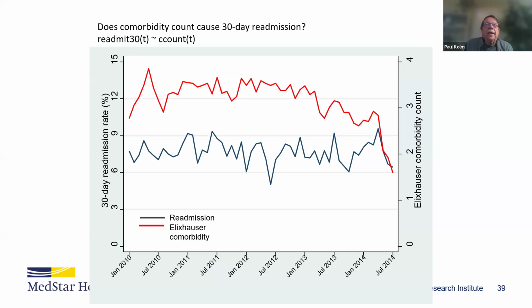And so we have another time series of comorbidity counts that you can see is plotted on the right side here in terms of those counts. And so what we're asking is, does comorbidity cause, or Granger cause, readmission rates?